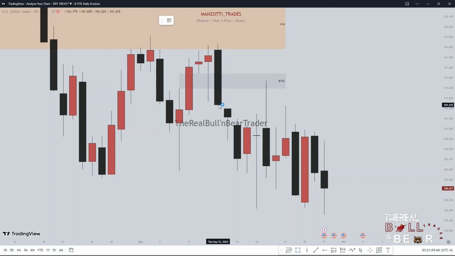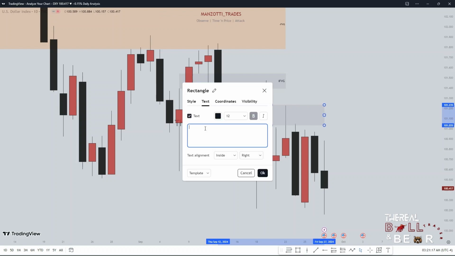Okay, let me do this. I'm going to mark a gap. It's a gap imbalance, by the way, guys. Don't mind how I wrote there.